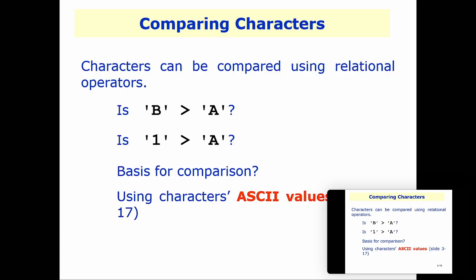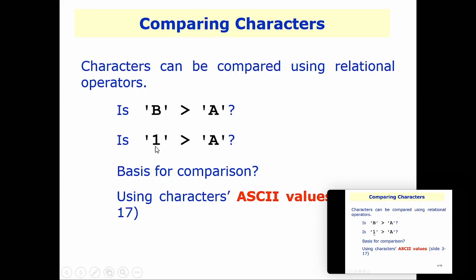So if you have this relational operator for the letters, then it is actually comparing the integer value of it. And obviously, this uppercase B has a larger integer value than the integer value of uppercase A. Do you remember the integer value of uppercase A? 65. Uppercase B is 66, larger than A.